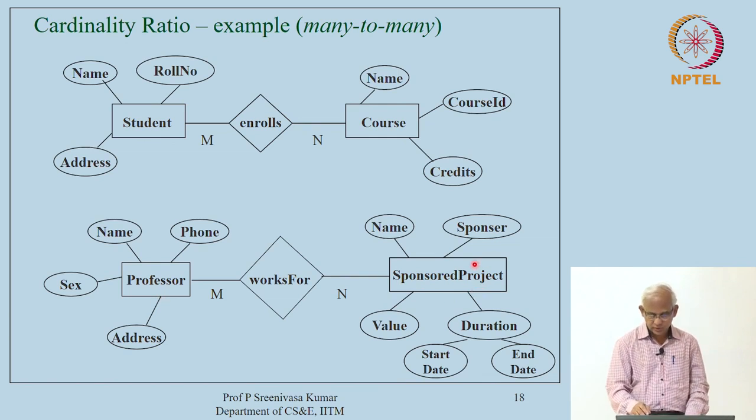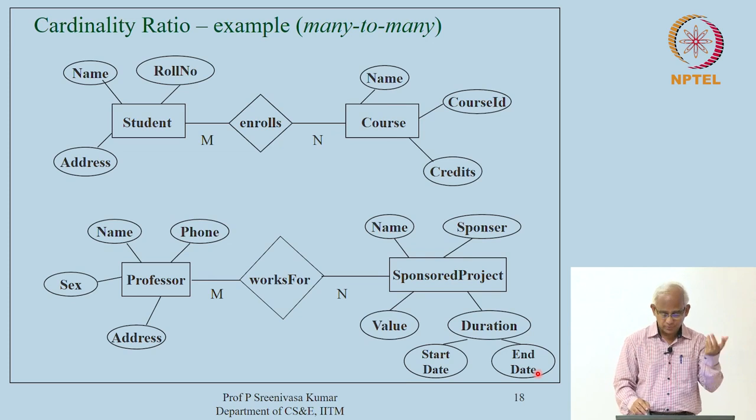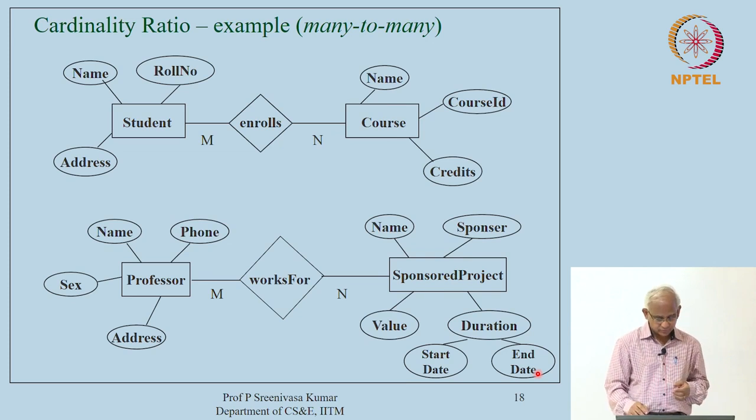A sponsored project is a project that is funded by some sponsor with a certain amount to carry out certain research work during a particular duration. So, a 3-year project funded by the Department of Science and Technology with a value of 25 lakhs is given to a professor to investigate some issues.